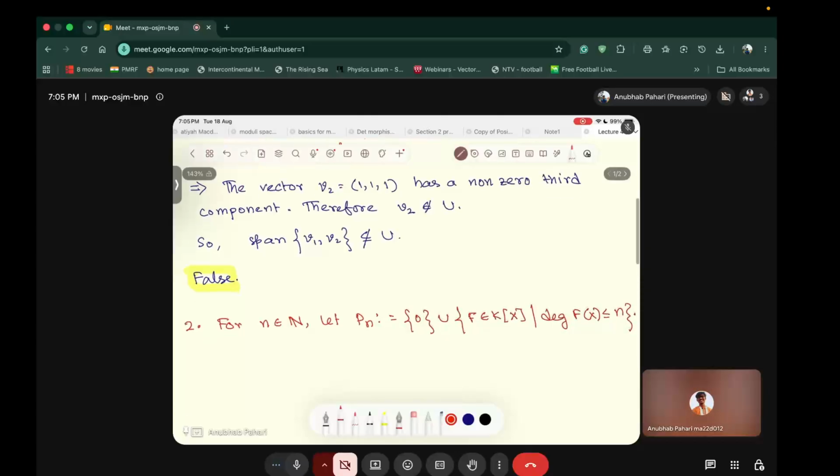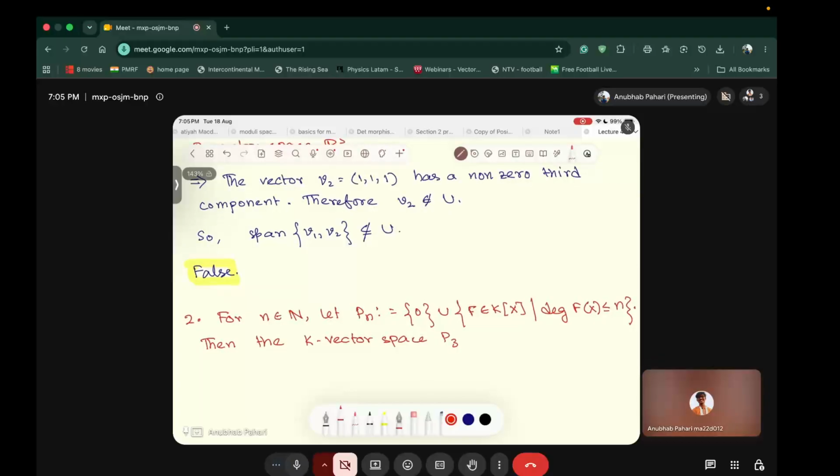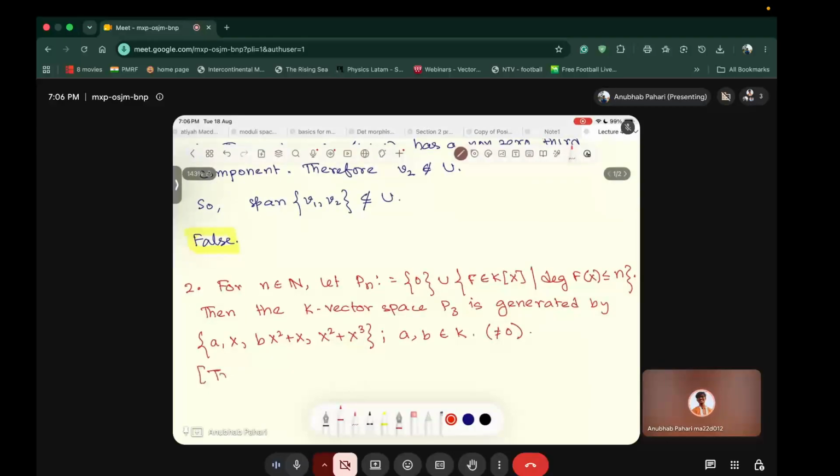Then the k vector space P3 is generated by a, x, bx square plus 1, and x square plus x cube, where a and b are from k, and you can assume both of them are non-zero. So you have to find if it is true or false. You can try it for 2-3 minutes, then you can start.